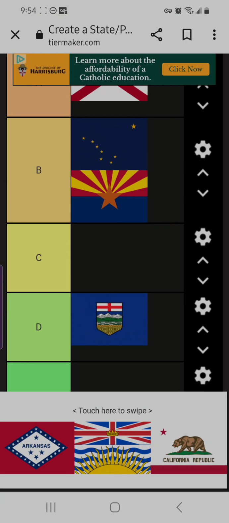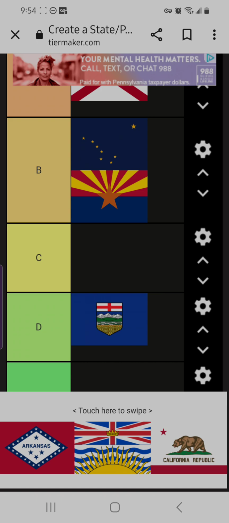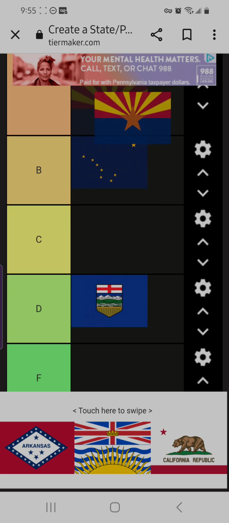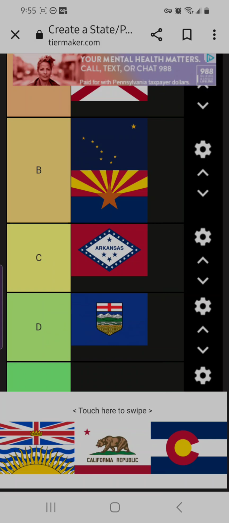Arkansas, basic. It's just very basic. This flag is average. It's just like a diamond, which is the name Arkansas, with 4 stars representing how Arkansas was taken over by France, Spain, the Confederacy, and the U.S. So I'm gonna put them in average here because they're not really the best.